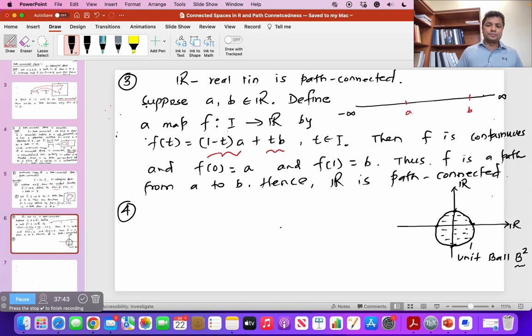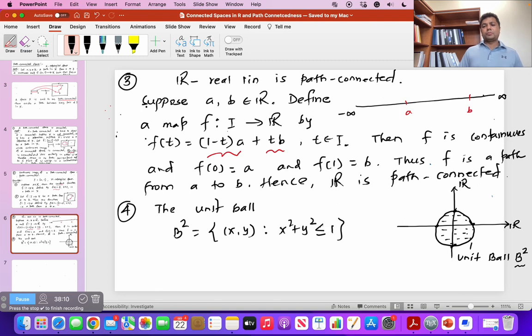This unit ball is path connected in R2. The unit ball B2 is the set of all ordered pairs in R2 such that x squared plus y squared is less than or equal to 1.